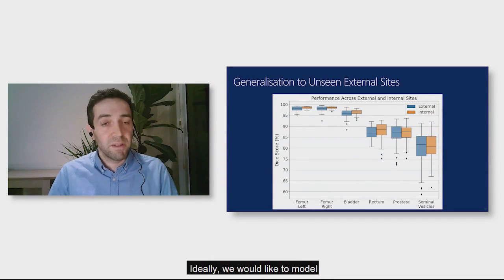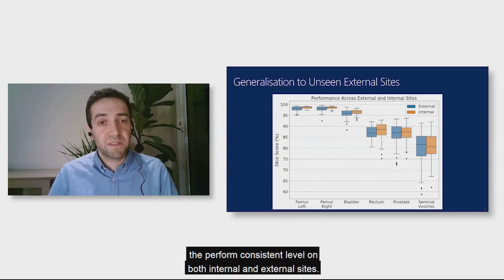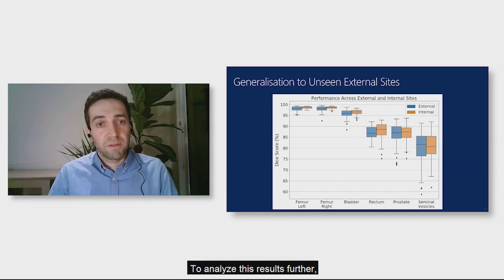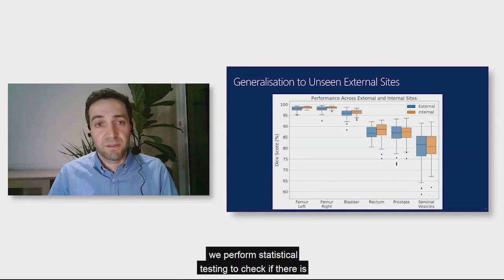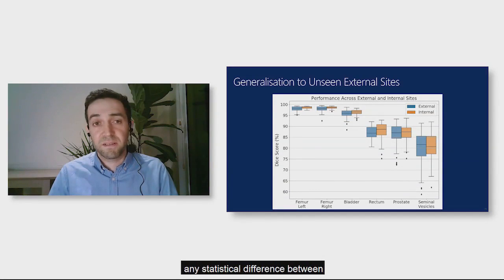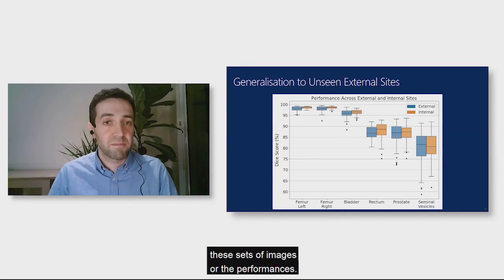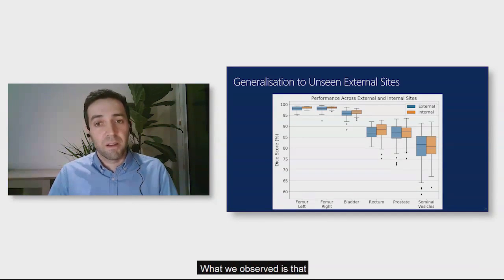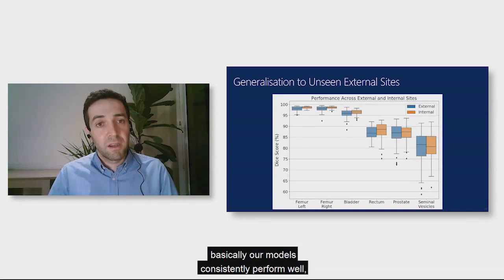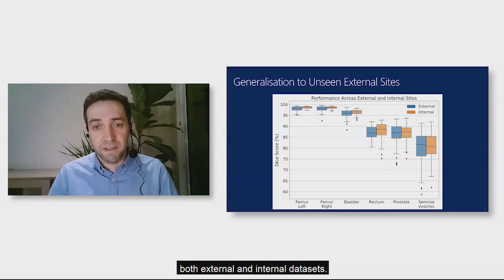Ideally, we would like the model to perform consistently well on both internal and external sites. And to analyze these results further, we performed statistical testing to check if there is any statistical difference between these sets of images or the performances. And what we observed is that our models consistently perform well on both external and internal data sets.